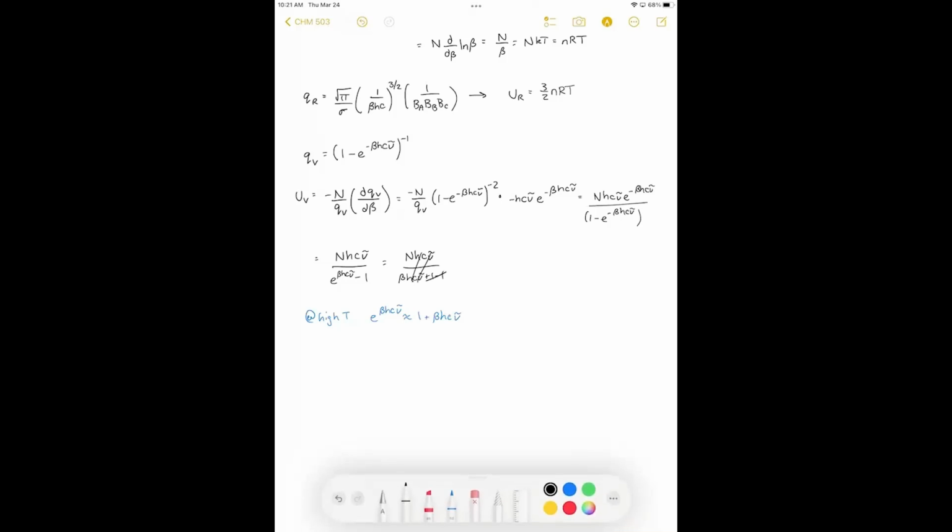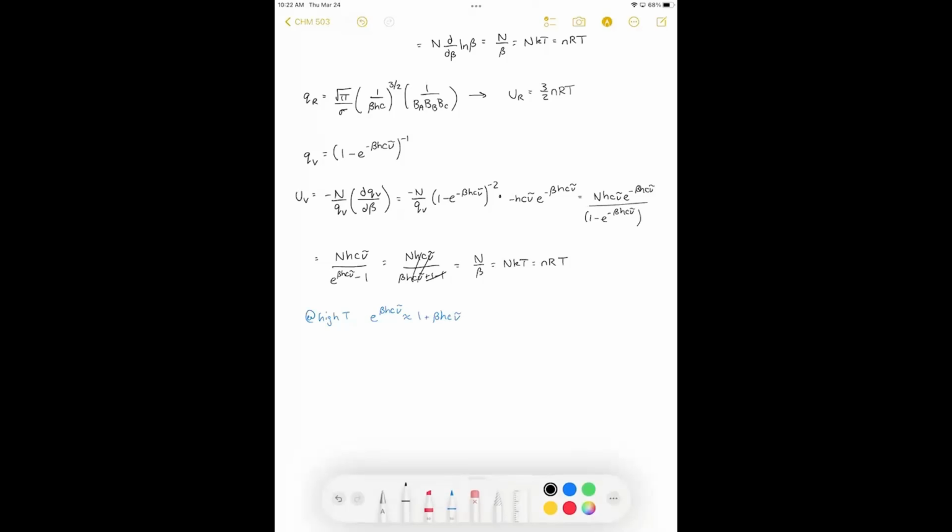And then we'd cancel out our hc nus, which would give us n over beta, which is nkT, which is nRT. And we've seen this before. But for non-high temperatures, we actually have to evaluate this expression. And it's not even. So different temperatures might contribute some, little, or no energy to the total energy if we're not very near temperatures that can access higher energy level vibrational states.